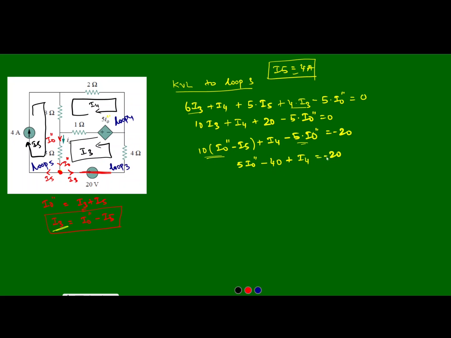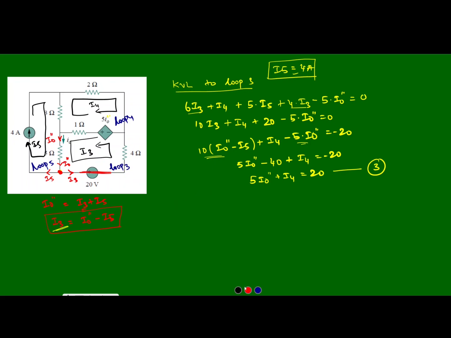When we transfer the negative value to the right hand side of this equation, the equation will become 5I0 double dash plus I4 is equal to 20. Say this is equation number 3.